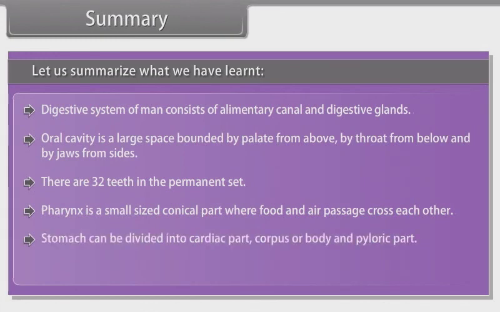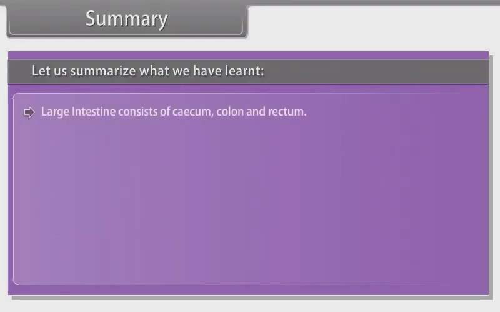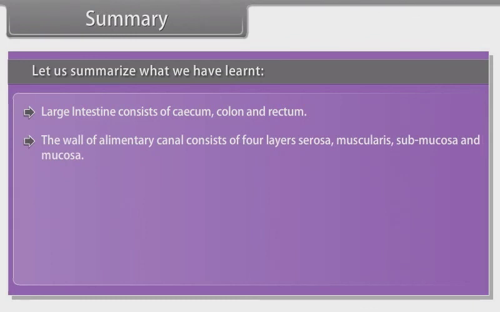The stomach can be divided into the cardiac part, corpus or body, and pyloric part. The small intestine consists of duodenum, jejunum, and ileum. The large intestine consists of caecum, colon, and rectum. The wall of the alimentary canal consists of 4 layers: serosa, muscularis, submucosa, and mucosa.